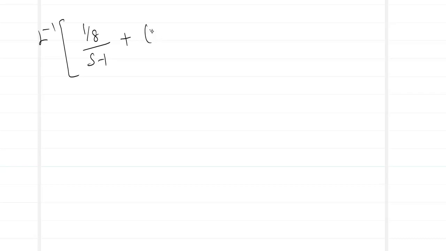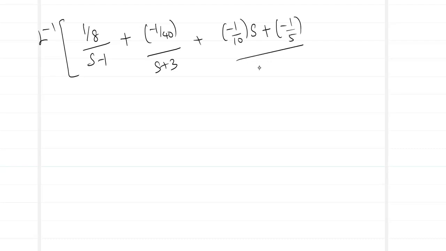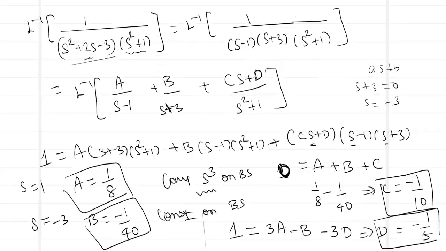B was minus 1 by 40 divided by S plus 3, plus C. What was our C? Minus 1 by 10 times S, plus D. What was our D? Minus 1 by 5, divided by S square plus 1. So I have substituted all my A, B, C and D in my components.